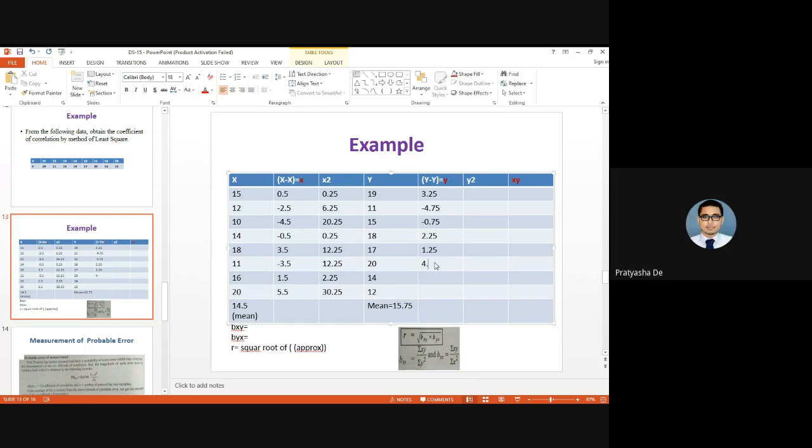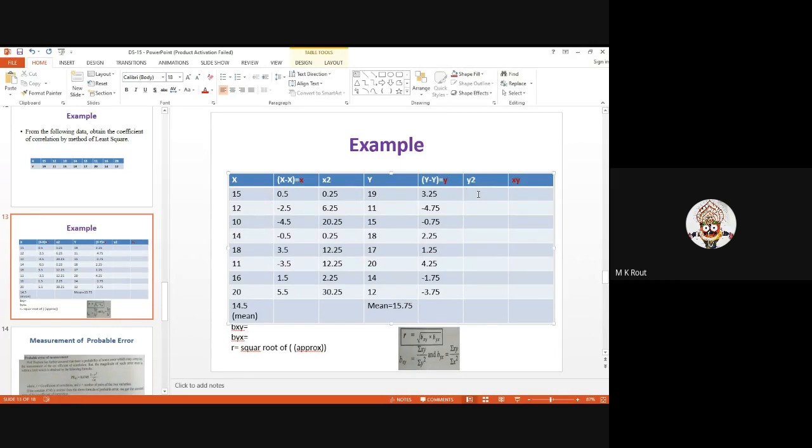Next is 14 minus 15.75, minus 1.75. Moving to the last one, 12 minus 15.75, that is minus 3.75. Then we go to the calculation of the squares of these values.